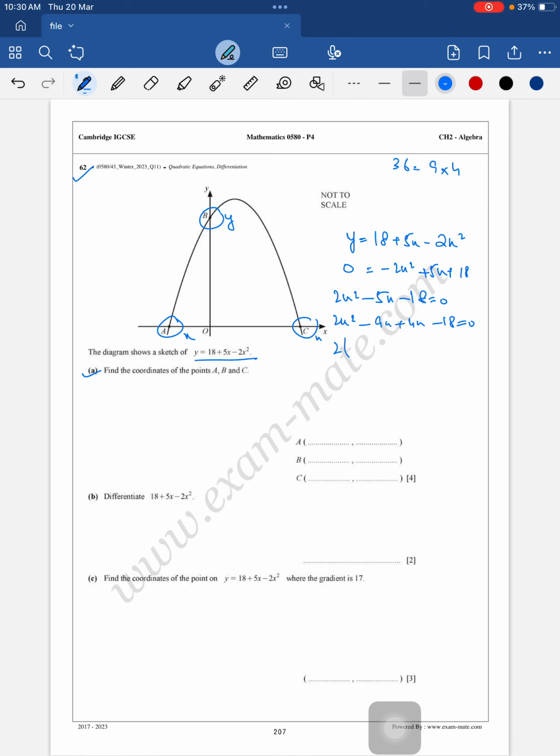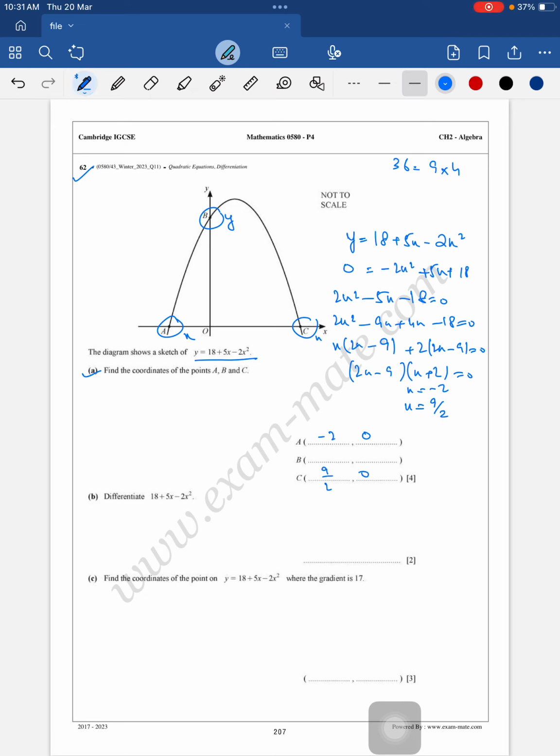So x is common, so x(2x minus 9), and here 2 common, so 2(2x minus 9). So (2x minus 9) and (x plus 2), so it means that x is equal to minus 2 and x is equal to 9 upon 2. So two coordinates, A point is (minus 2, 0), C point is (9 upon 2, 0).